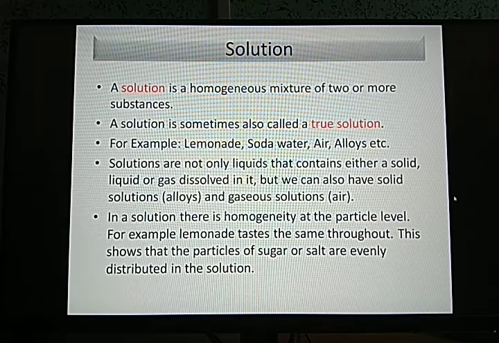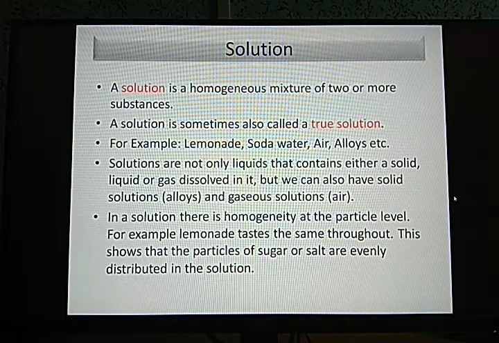Why does it happen? Because there is homogeneity. Homogeneity in the sense that while preparing the lemonade or the solution, it has dissolved completely. The components of that solution have mixed in such a way that it maintains a uniformity, a homogeneity throughout that solution.